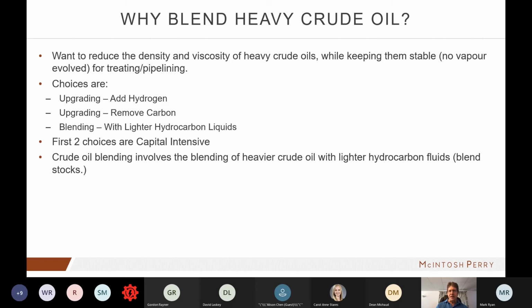So blending is a very nice, inexpensive way of doing the same thing. And that is then you're able to reduce the density and viscosity of your crude oil. So, if I were to summarize it, it's pretty simple. It just involves the blending of a heavier crude oil with a lighter hydrocarbon liquid, which we're going to call a blend stock.